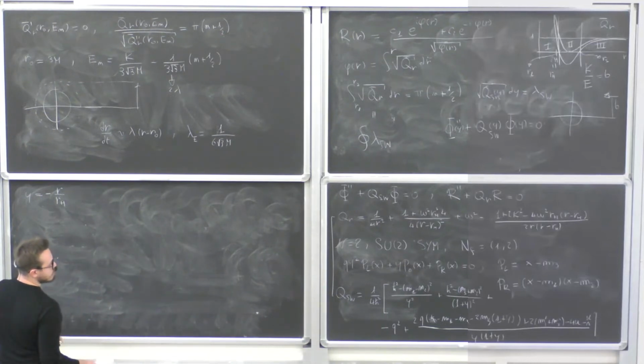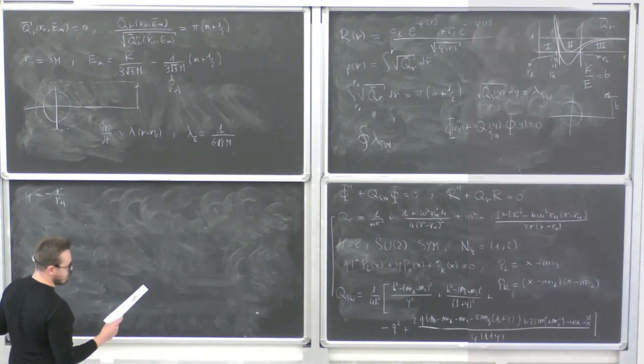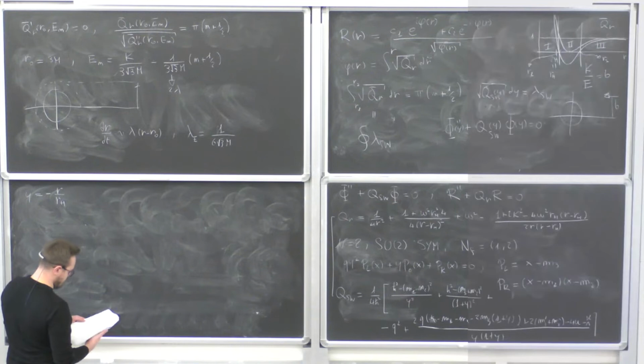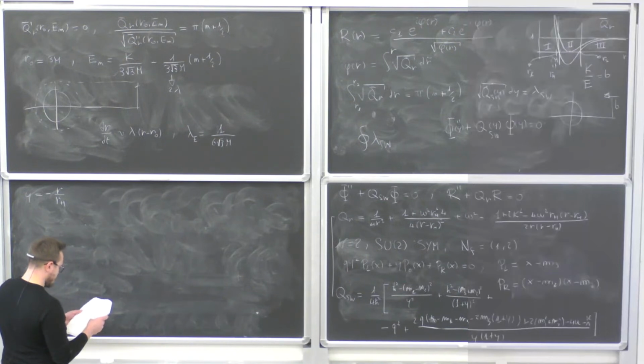And basically, I can use a well-known relation, the Schwarzian derivative, which I can write down if you want. It's here.